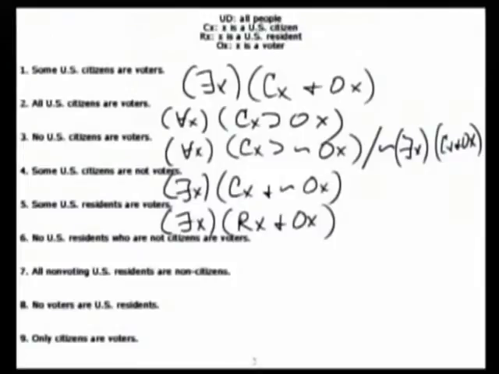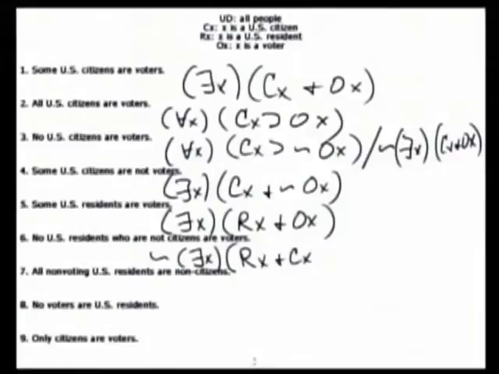I said not existential X, parentheses, RX and not CX, and parentheses, and OX. So if I got this right, it's not the case that there exists an X, RX, and not CX? I think you want curl CX.